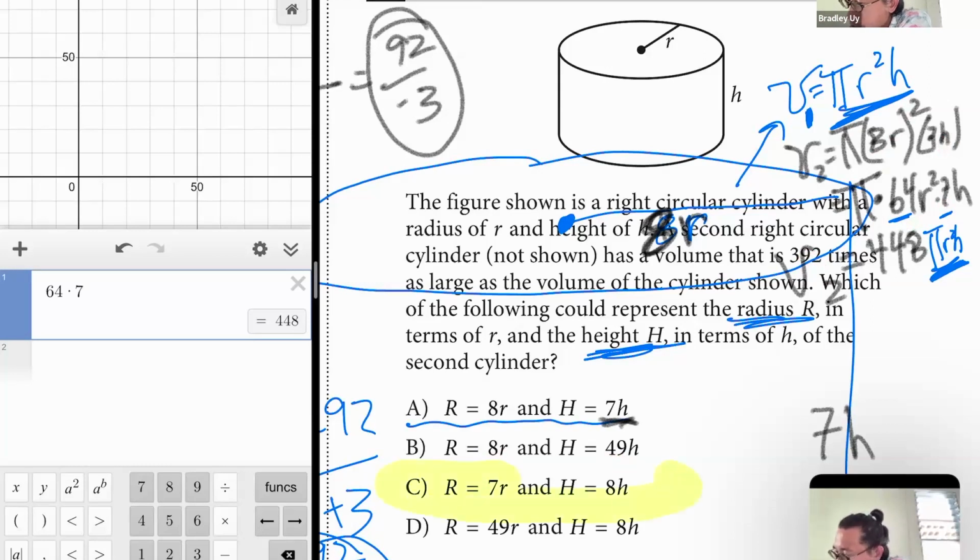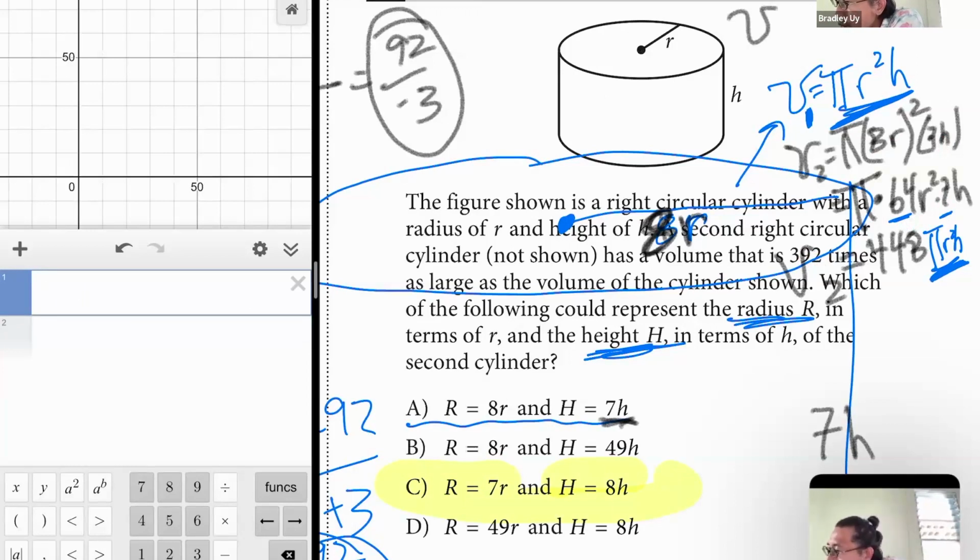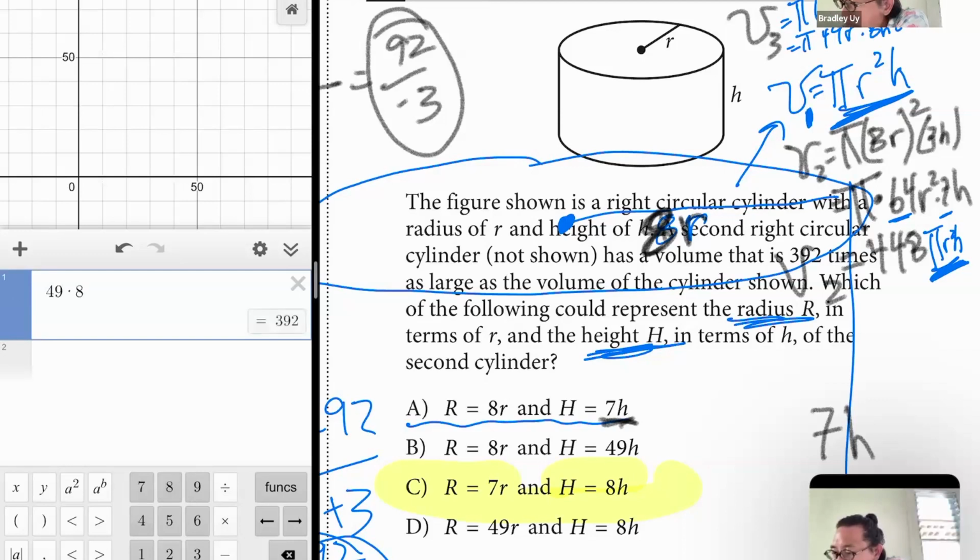Okay, C. Let's say I drew up the formula. I would have V sub 3 up here, which is pi, but instead of my r being just r, it's now 7r, and I'm going to square that. And instead of multiplying by h, I'm going to multiply by 8h. So I have pi times 49r squared times 8h, which is 49 times 8, and you will see a magical number of 392.